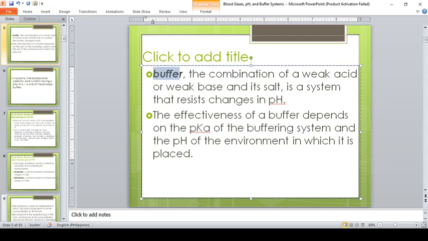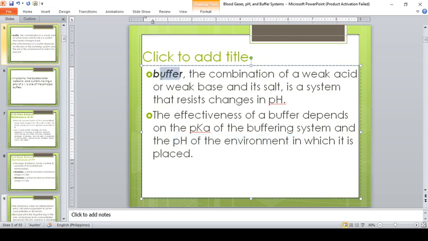Okay, magdedepende yan sa pKa or acid dissociation constant ng buffer at saka yung pH ng environment in which the buffer is placed. So, for example, meron kang solution dyan, gusto mo siyang lagyan ng buffer para i-resist niya yung change, kung meron kang ilalagay na mga solution or chemical.